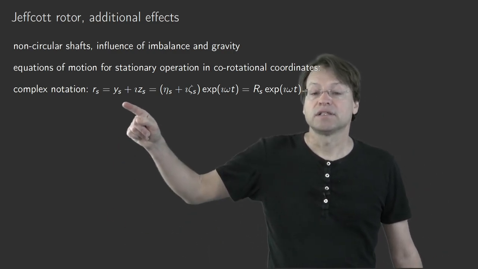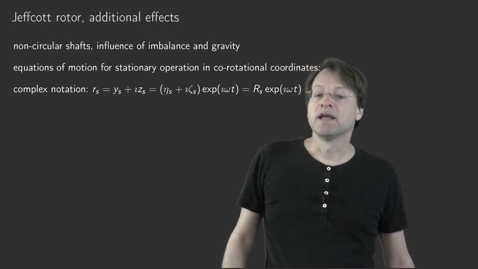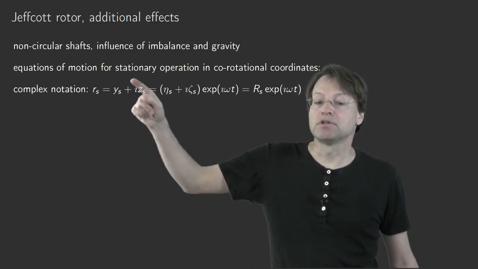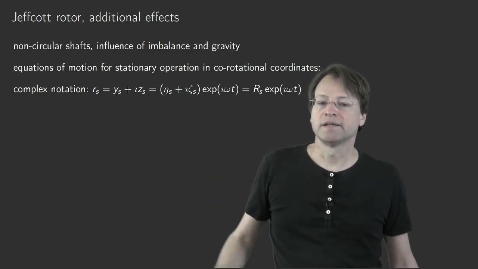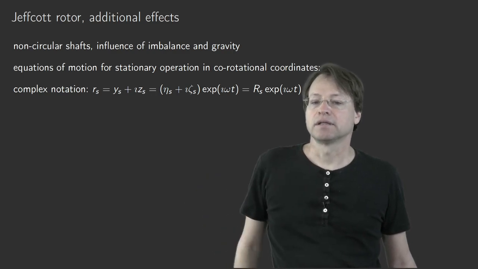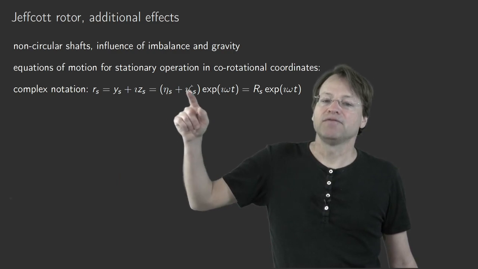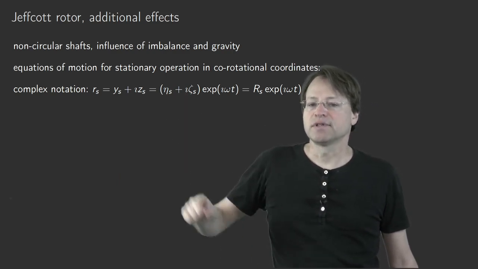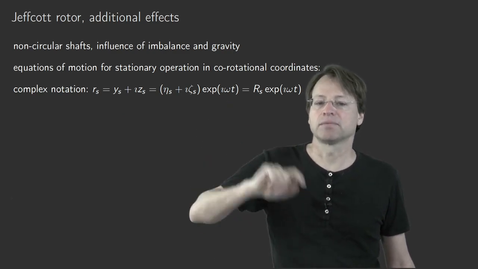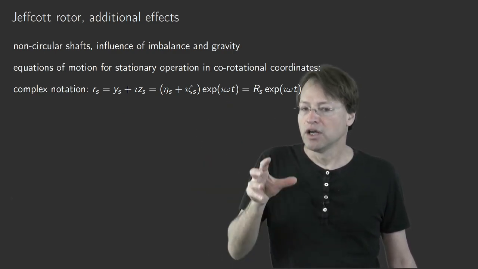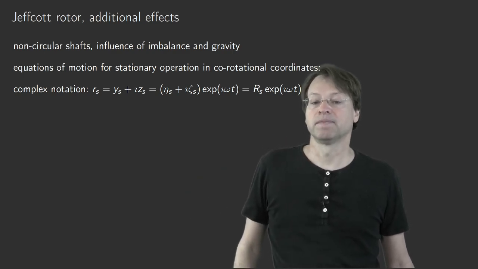We summarize the space-fixed coordinates, the lateral and vertical coordinate here, by a complex number, by adding an imaginary unit I to the Z coordinate, and r_S is then the complex number in space-fixed coordinates.